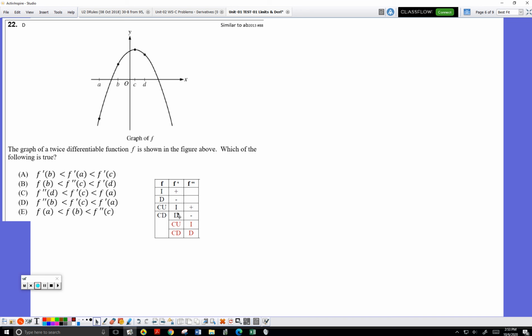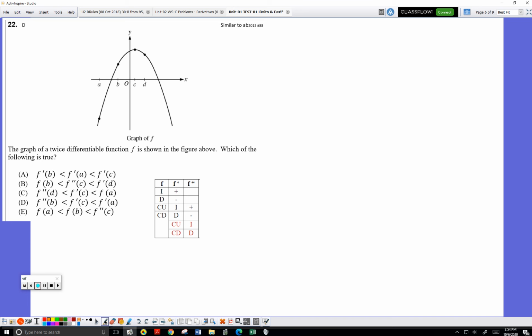Caleb, go ahead. Well, I just want to walk through it. Since we're comparing all the different f, f prime and f double prime, I know that f double prime is going to be negative no matter what because f is concave down. Let's stop right there. 3 points for Caleb.